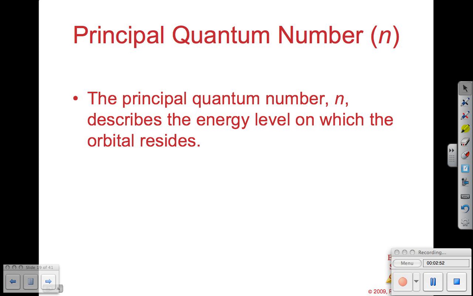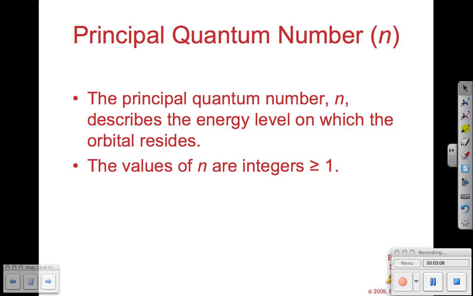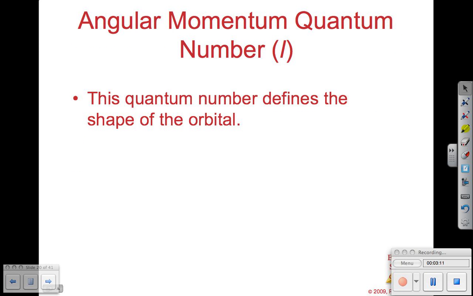So period 1 would represent the first principal quantum number, or energy level number 1. The values of n can only ever be greater than or equal to 1: 1, 2, 3, 4, 5. We don't have any half numbers or negative numbers when it comes to the quantum number.